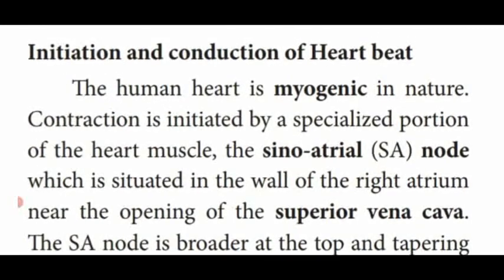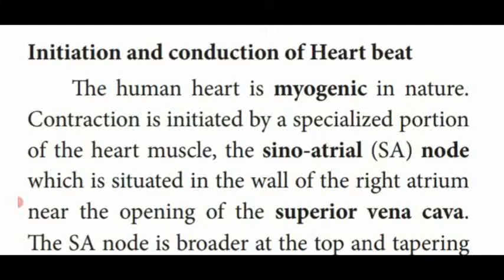Next, we are going to see initiation and conduction of heartbeat. That means how the heartbeat is produced and how it is conducted to the tissue region. The human heart is myogenic in nature.